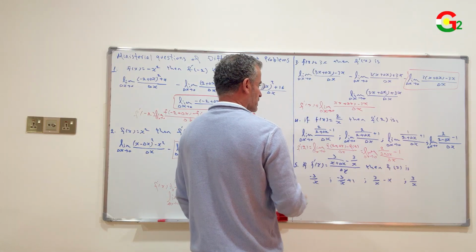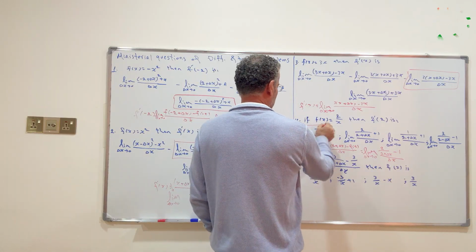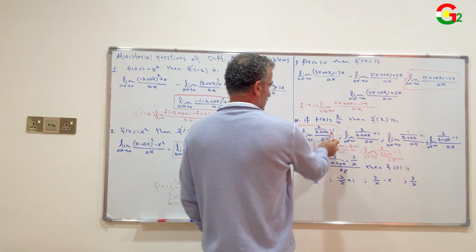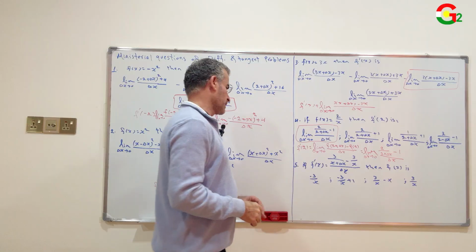It is choice A. 2 over 2 plus delta x minus 1, over delta x.